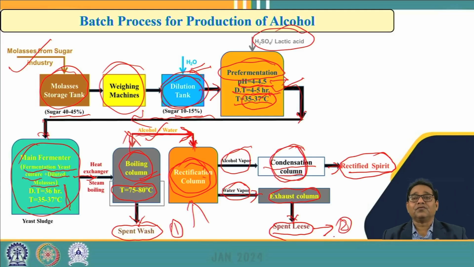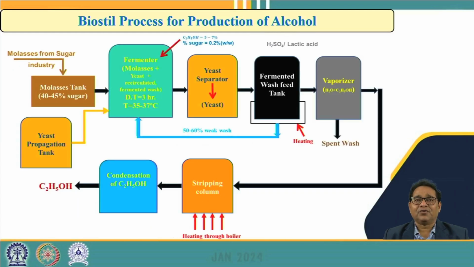So the two units generate two different types of wastewater having entirely different characteristics, because the spent wash is very high strength wastewater, whereas the spent lees is comparatively of lower strength compared to the spent wash.